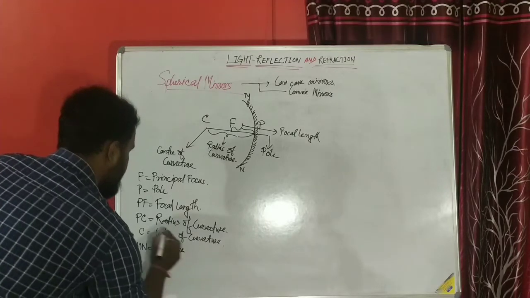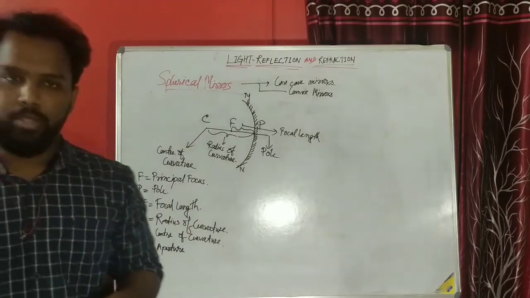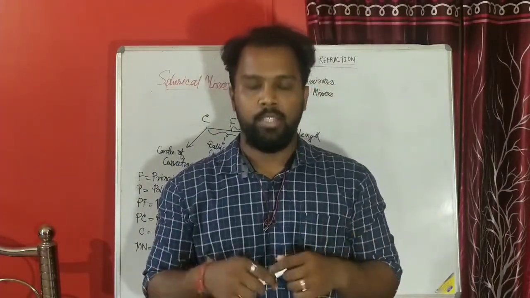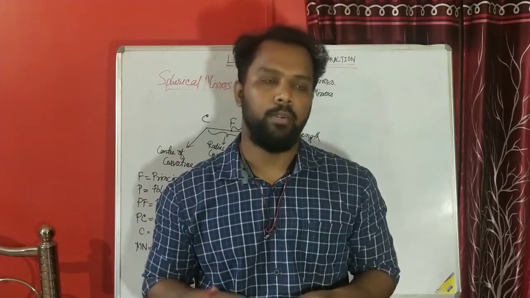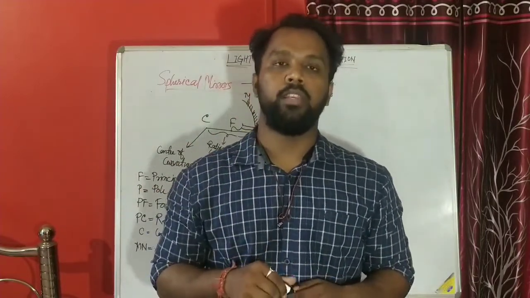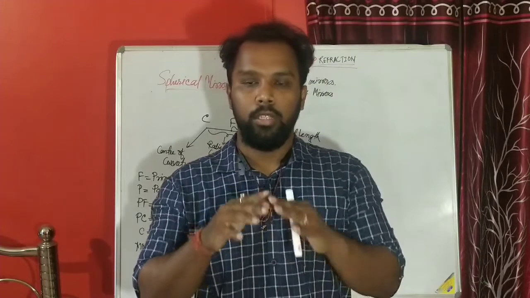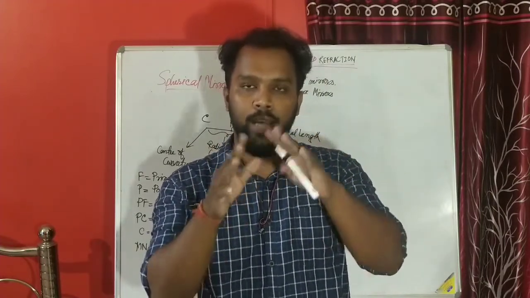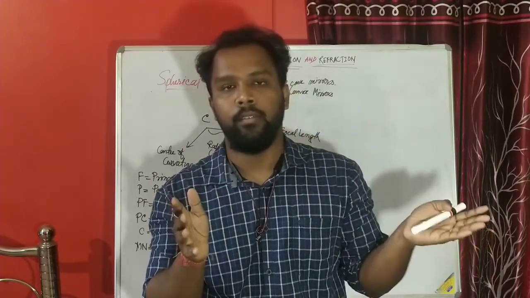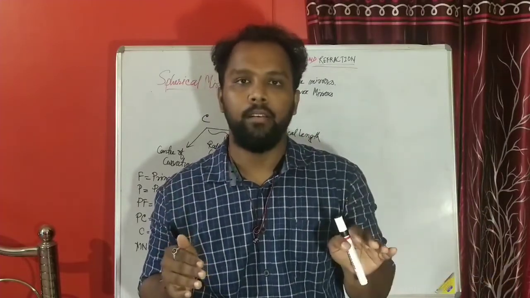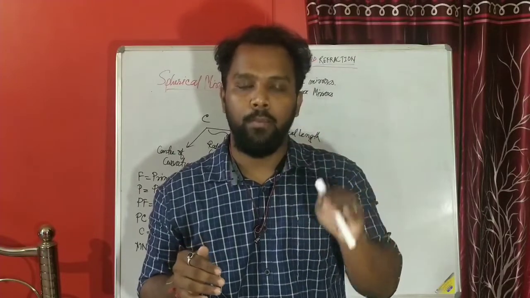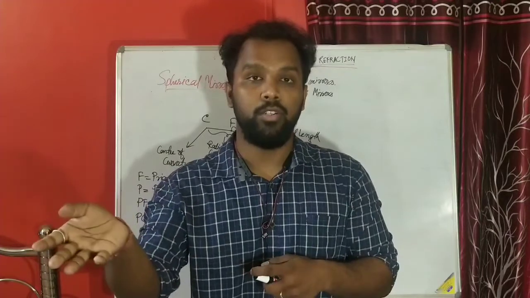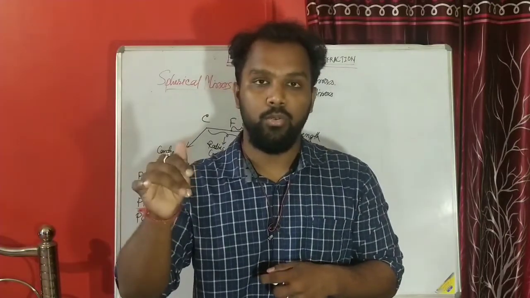Now we have to understand the meaning of aperture. Those who use DSLR cameras or some kind of cameras know the aperture. The exposed region of the mirror is exposed to the incoming light, and with the help of that incoming light you can observe something or get some image in the mirror or the camera.